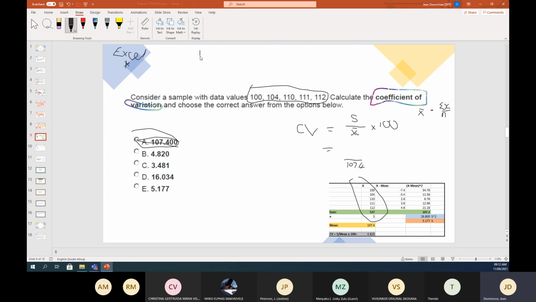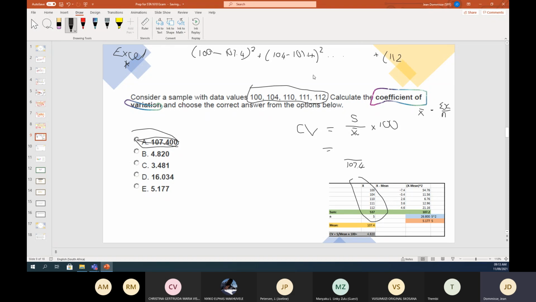If you didn't use Excel, you needed to say 100 minus the mean of 107.4, squared, plus now 104 minus 107.4, squared, and we do it for the rest of the values as well up until the last one of 112.